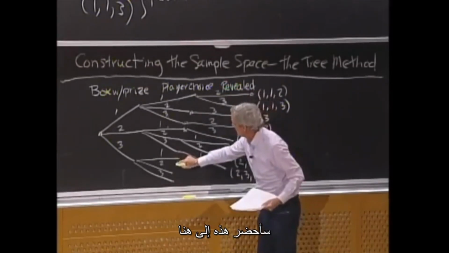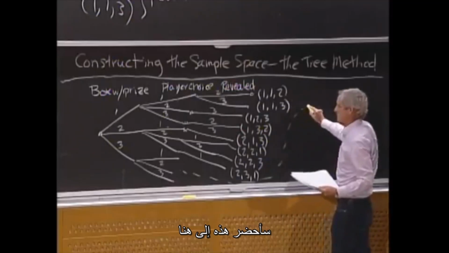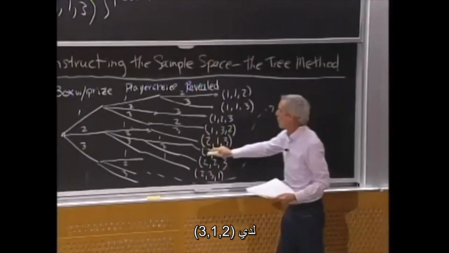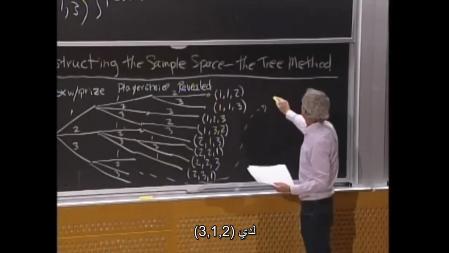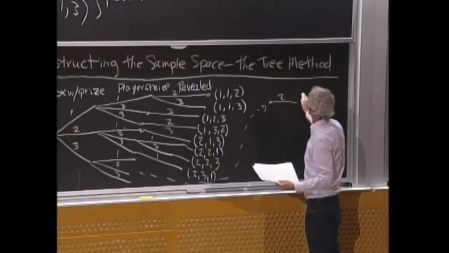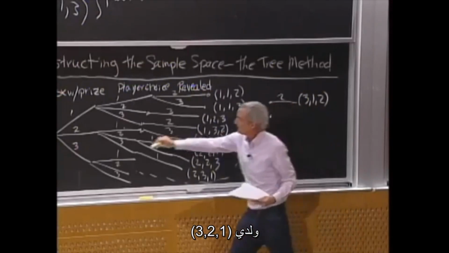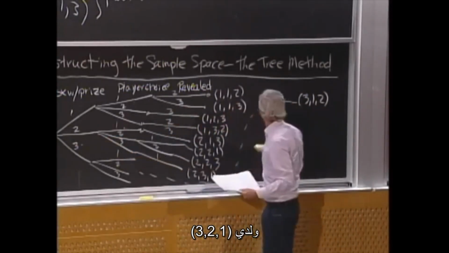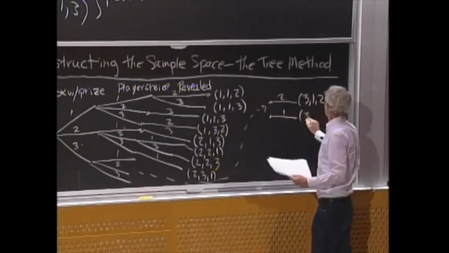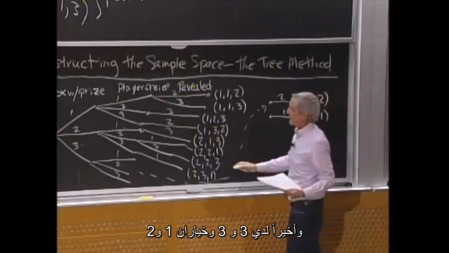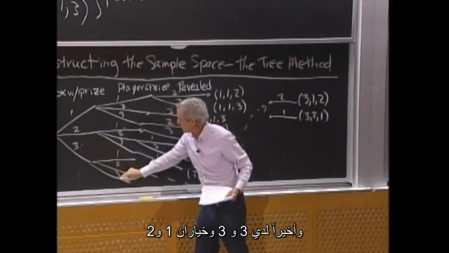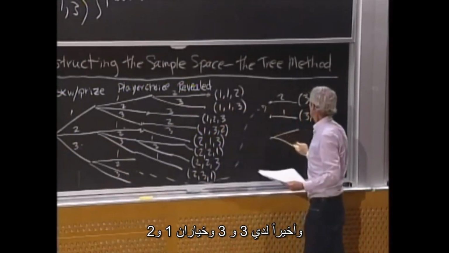And now I'll bring these up over here. I've got 3, 1, 2. Then I've got 3, 2, 1. And finally, I've got 3, 3 with 2 choices, 1 and 2.